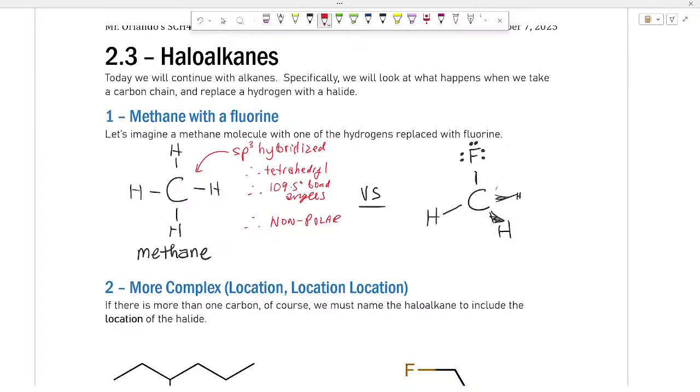This will have a dipole, right? It'll have a dipole because fluorine is substantially more electronegative than carbon. In fact, fluorine is our most electronegative element, right? So we're going to have a strong dipole here.